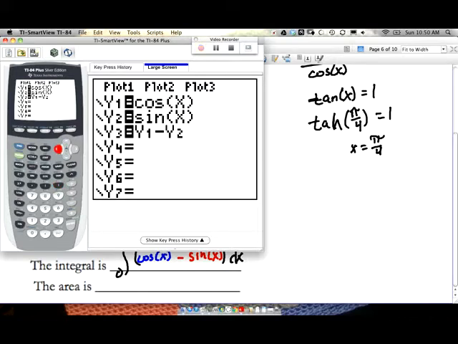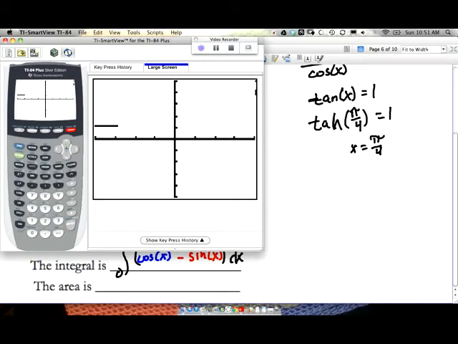And again, we don't really need the top and bottom. We could if we wanted to, just to get it to look like the other picture. But we know what our start and our finish are. It's from 0 to pi over 4. So now when I go to my graph, well, it looks like that's going to be a pretty straightforward area. Looks like it's just going to be 1.